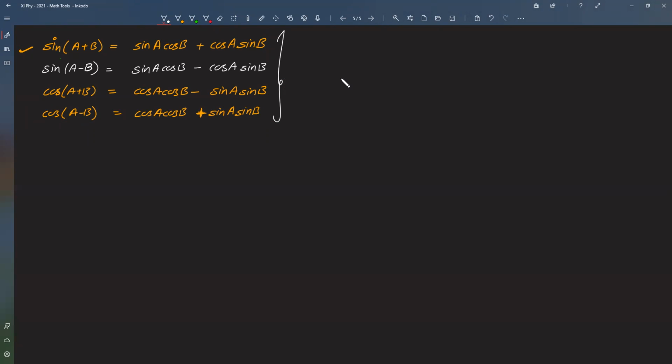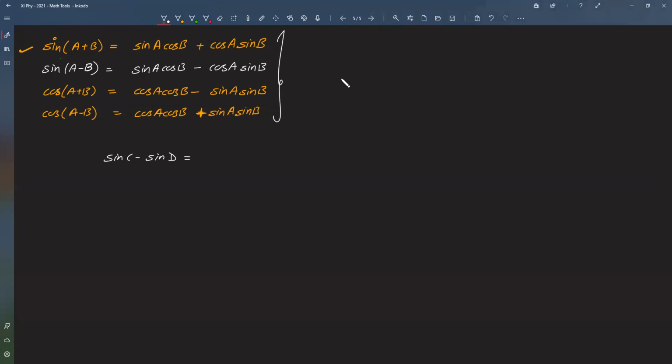So the set of 4 formulas which you have to derive: if you remember it, it's good. But I'm telling you to not remember it because it's very easy to derive. And the more you solve problems, your brain will already store it.